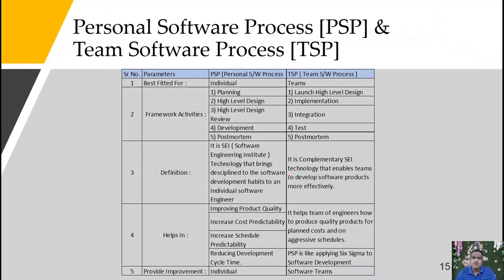Now PSP versus TSP. There are some points to discuss. Under the first column is the serial number, then the parameters are listed, and what the PSP software process is and what the TSP software process is.